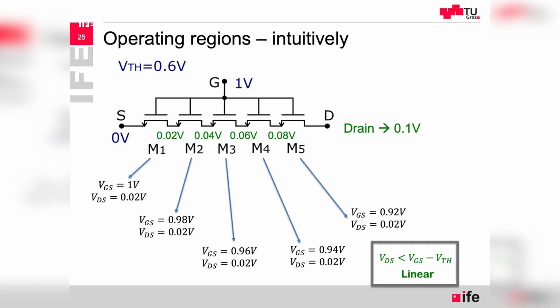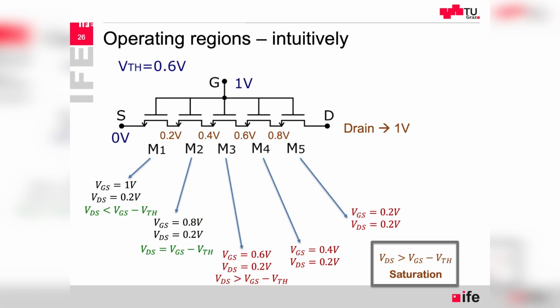And also, if we look at each single transistor, we can tell that we split this 0.1 volts equally, so it's 20 millivolts across every drain to source voltage. So for each we can say, what is VGS? It will always be a bit smaller for every next transistor, but it's such that the gate source voltage minus threshold is still larger than drain to source.